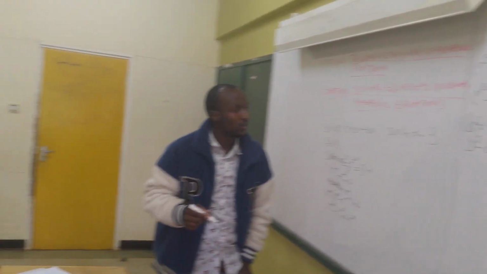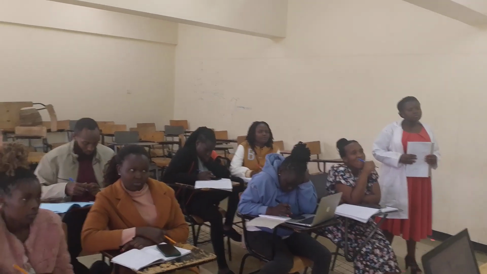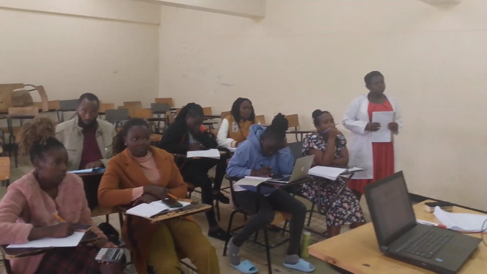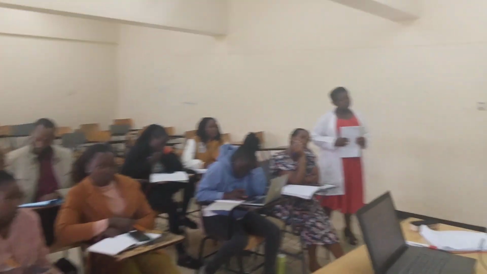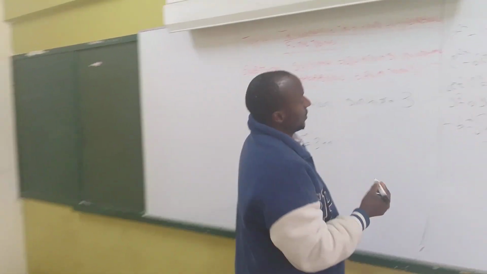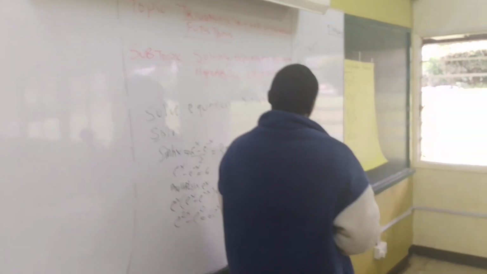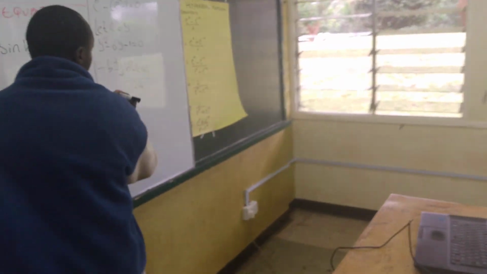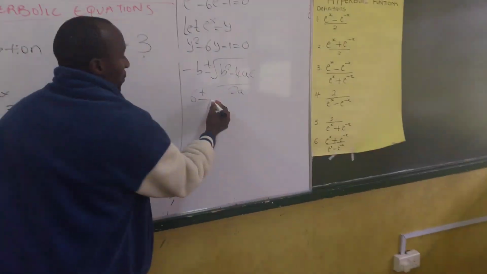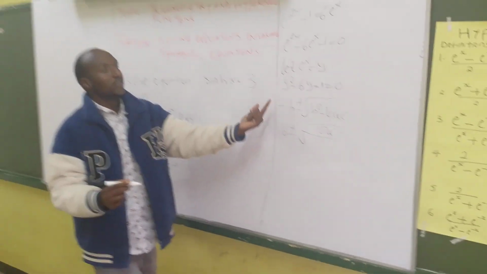And you know the quadratic formula is negative b plus or minus the square root of b squared minus 4ac over 2a. So this is our a, b, and c. So negative b, negative 6, will be 6. 6 plus or minus the square root of negative 6 squared.